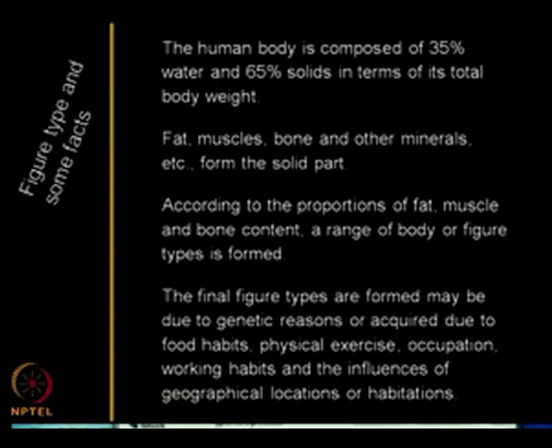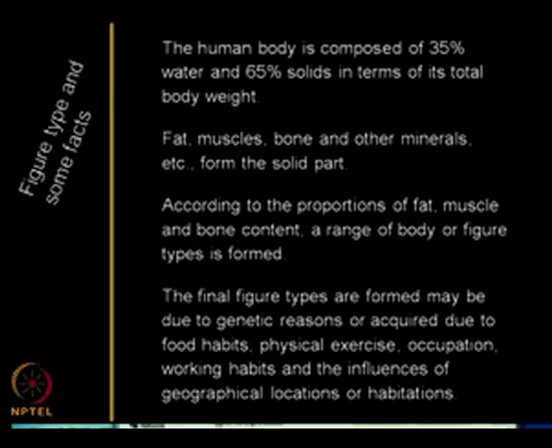Fat, muscles, bone and other minerals etc. form the solid part, that is 65% of our total body weight. According to the proportions of fat, muscle and bone content, a range of body or figure types is formed.